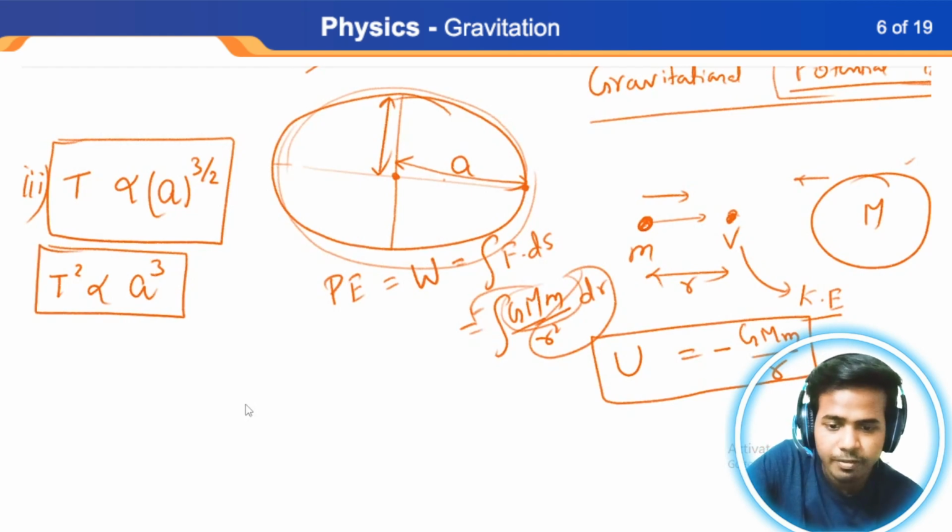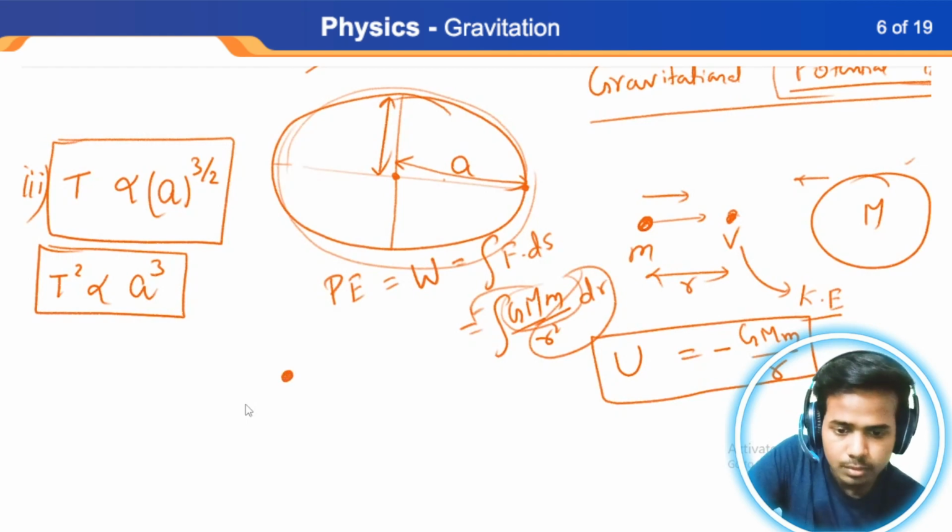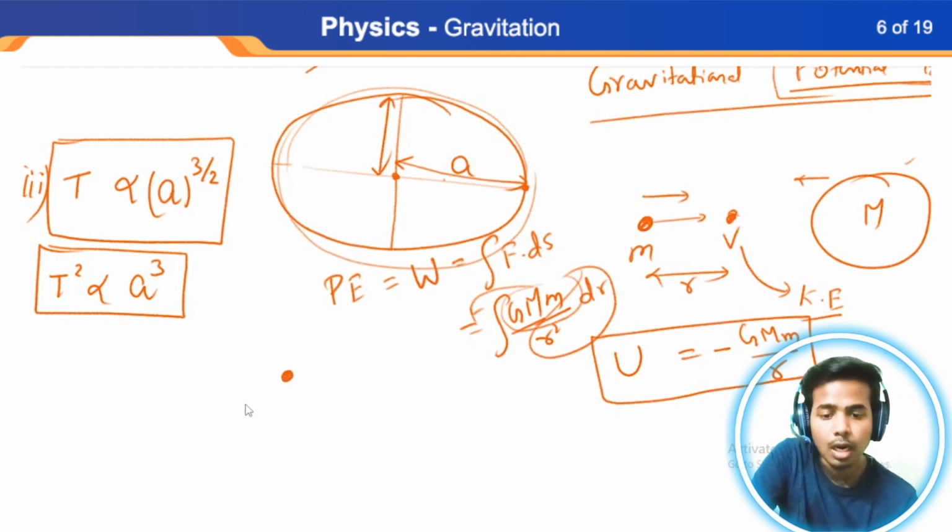Let's say there are two different systems in which the sun and the earth are the same, having the same mass.